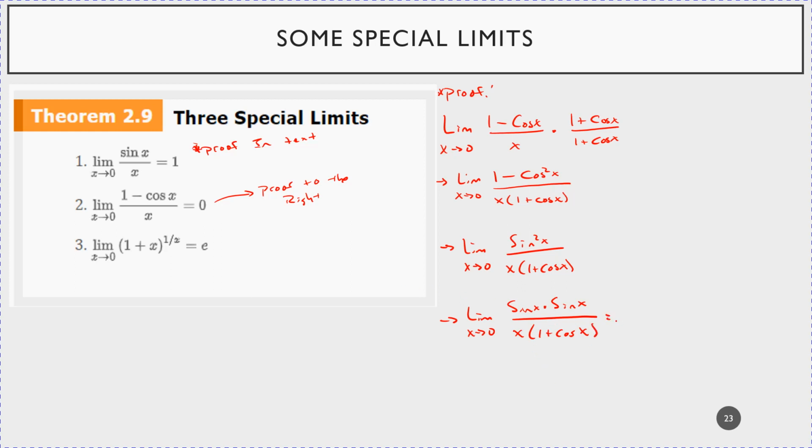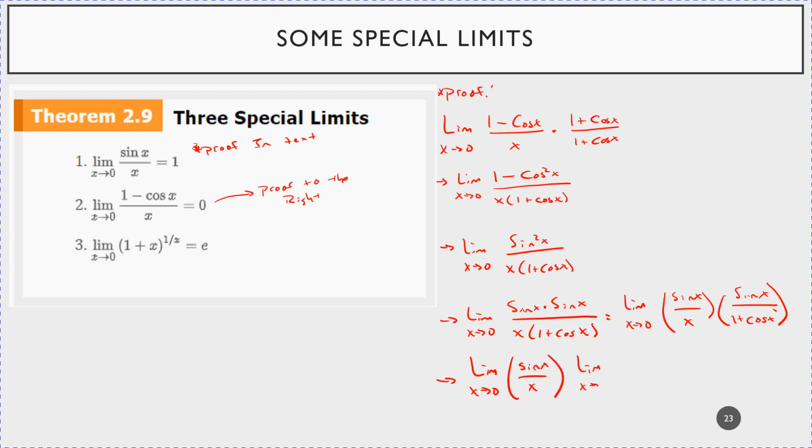What I can then do next is break this up. I can write the limit as x goes to 0 of sine of x over x times sine of x over 1 plus cosine of x. Then using our properties of limits, because both these limits exist, I can write this as the limit as x goes to 0 of sine of x over x times the limit as x goes to 0 of sine of x over 1 plus cosine of x.